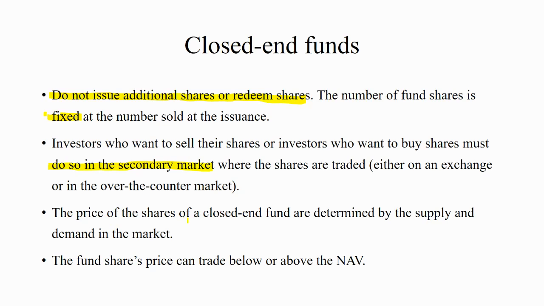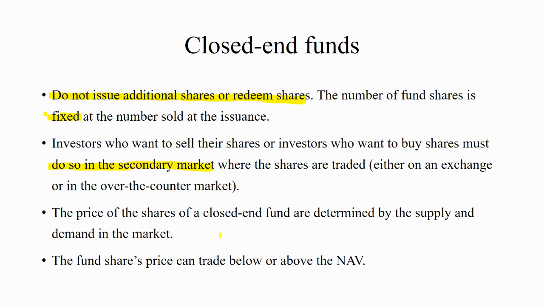The price of the shares of a closed-end fund is determined by supply and demand in the market, just like a stock price. This is a feature they share with company shares.